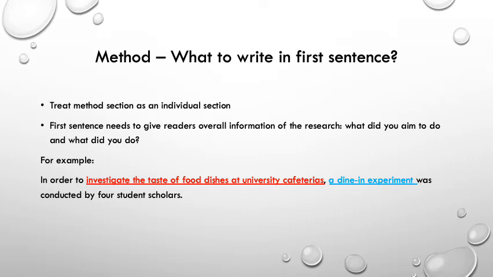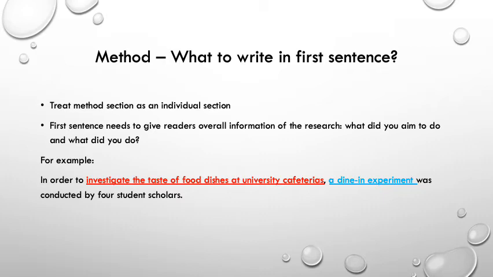So the following is an example of how a lot of researchers start their method section. They would write down, in order to, and the next part is the aim. In order to achieve this aim, they did so and so.